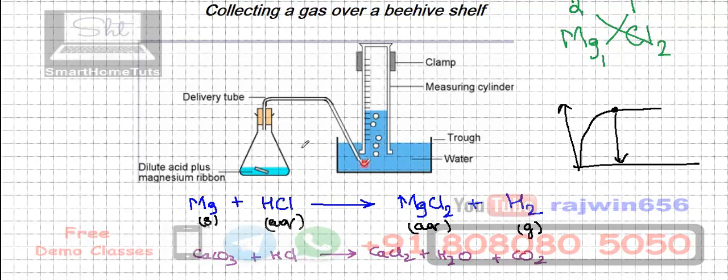As we collected hydrogen gas over water, in a beehive shelf arrangement, can we use this method for the second reaction? Can we carry out this reaction and measure the rate of reaction when carbon dioxide is evolved? I'm asking you a question, try to answer it.